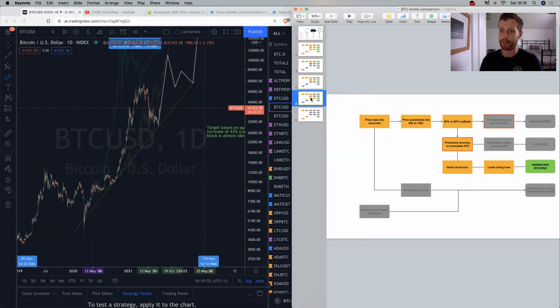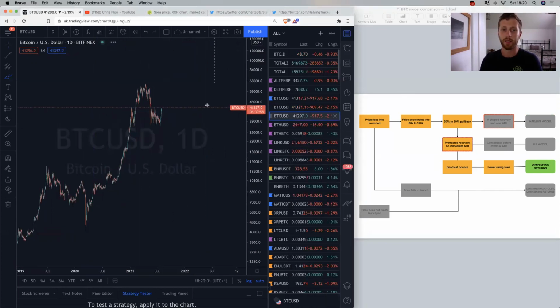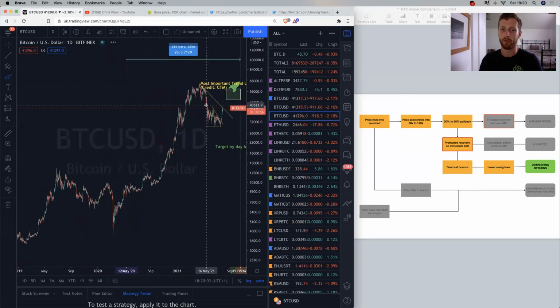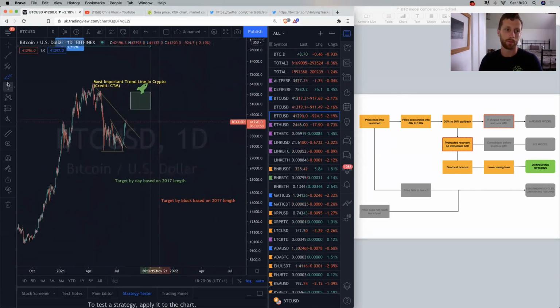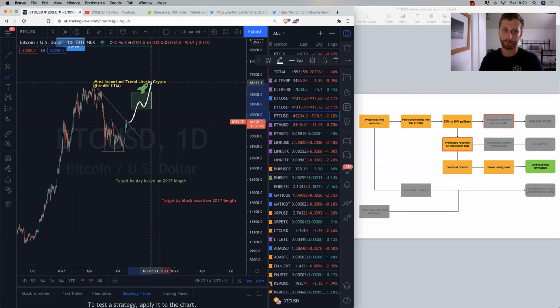I want to do a slight variation on this as well, if we come back to this. So if we were to head into the launchpad zone and then launch to 80 to 100,000, and then we have our correction.